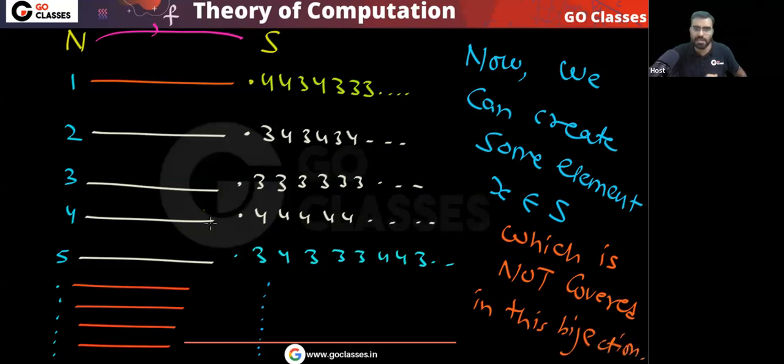A simple question I'm asking: if this is a bijection, this must be onto, yes or no?